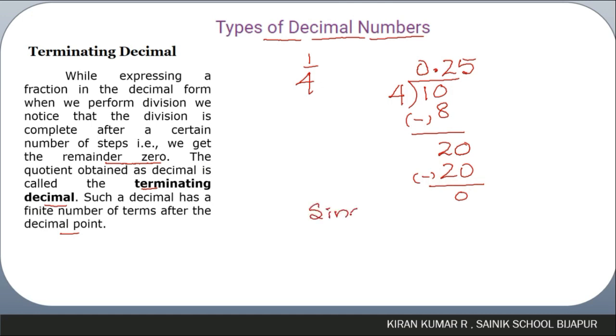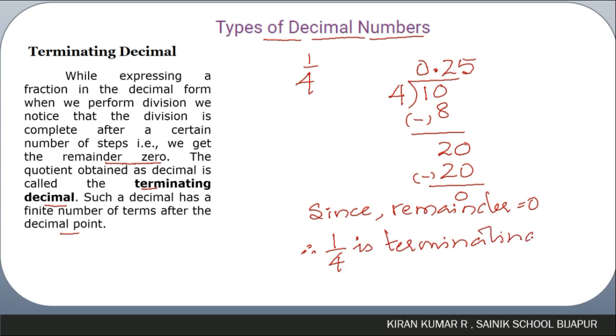Since the remainder is 0, therefore 1 upon 4 is a terminating decimal. 1 upon 4 is nothing but 0.25, which is a terminating decimal, and it has a fixed number of terms after the decimal point. The next type is called a non-terminating decimal.